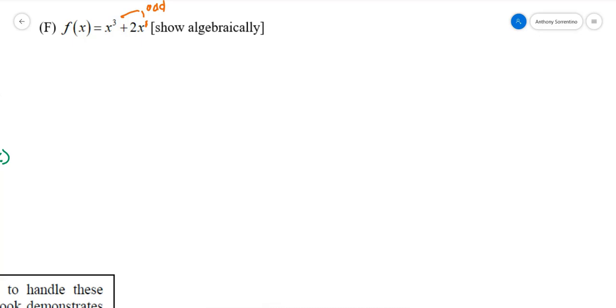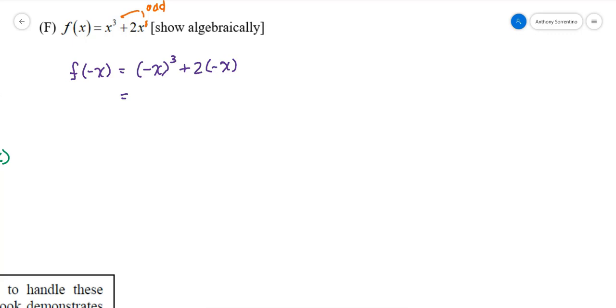So again, with that being f of x, f of negative x is going to be negative x to the third power plus 2 times negative x. When I simplify that, negative x times negative x times negative x, well, negative x times negative x is x squared.